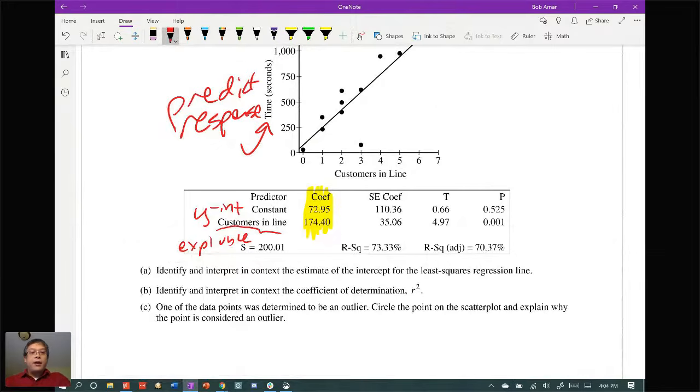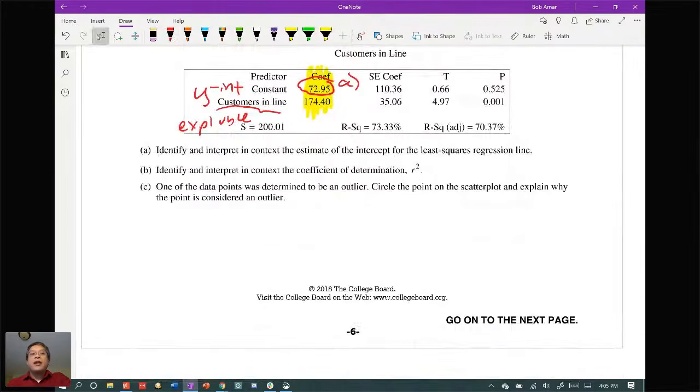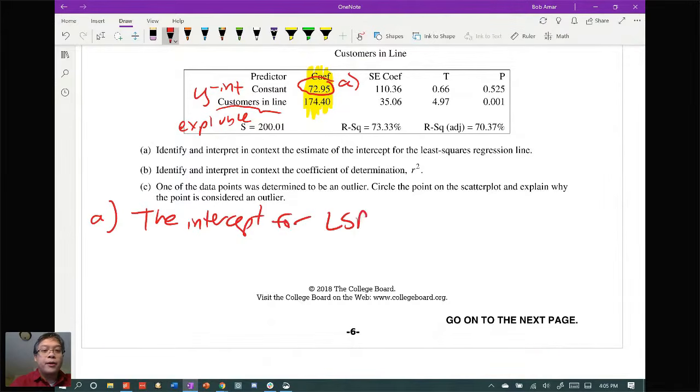Okay, so identifying and interpreting in context the intercept. That's going to be this guy right here. So this is part A. Okay, and so you don't need to write the equation of the line. You just need to know that for part A, the intercept for the least squares regression line is 72.95. Okay, and it says interpret in context.